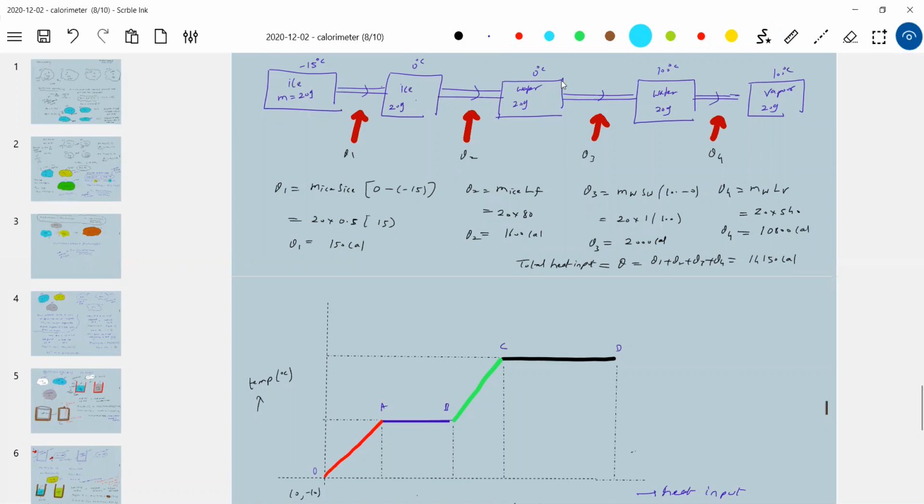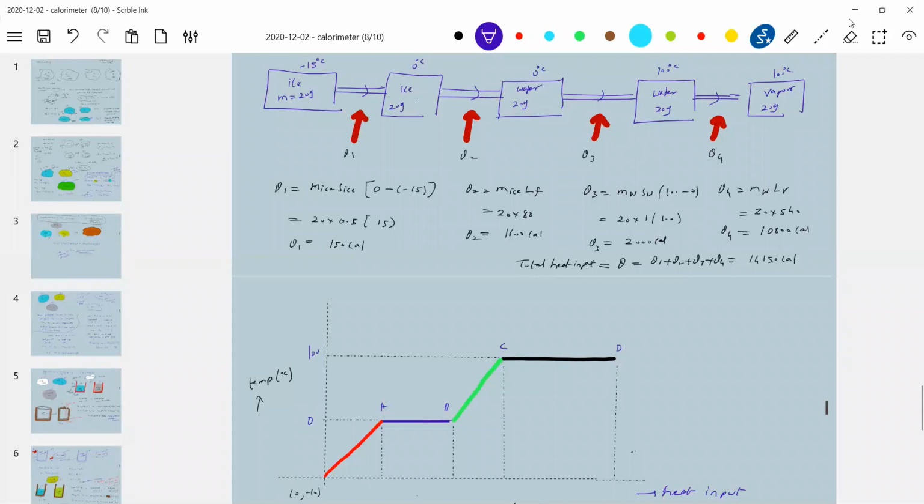What will happen? What is OA? The temperature of the solid state increases. What about AB? It will change state, from solid to liquid. This is minus 10 degrees Celsius. This is 0 degrees Celsius. This is 100.